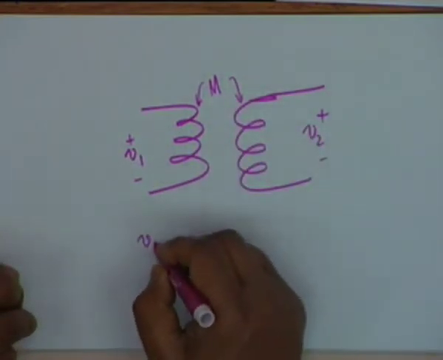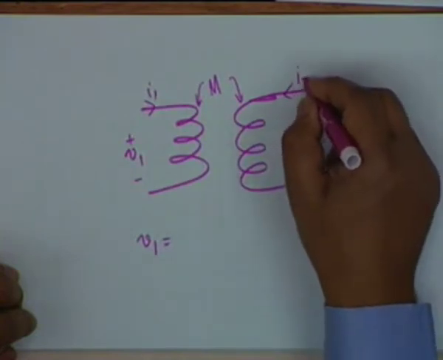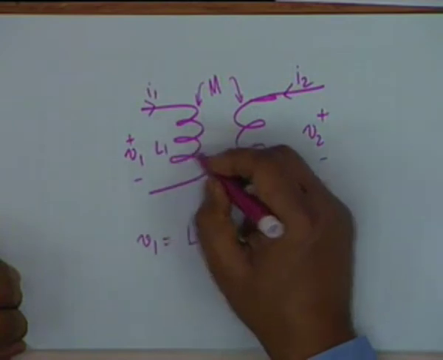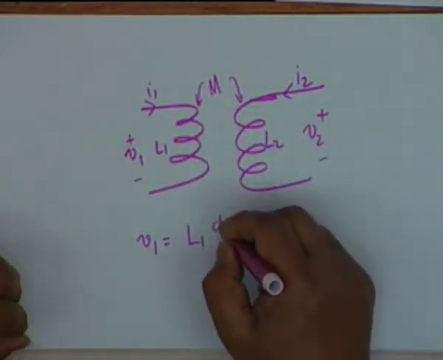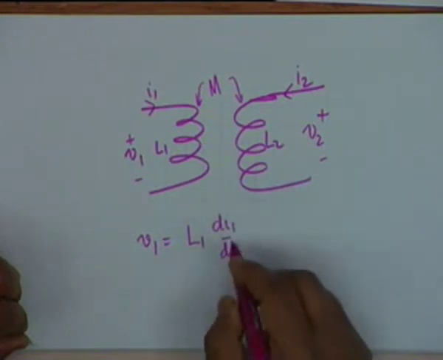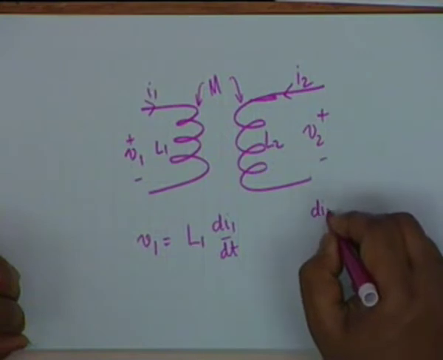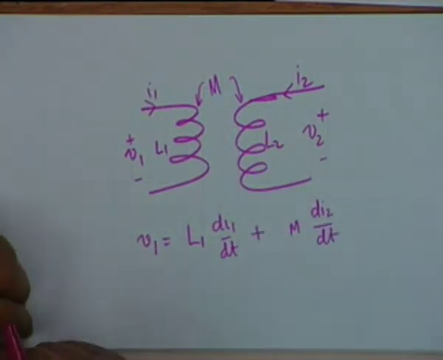For example, if this current is I1 and this current is I2, then V1 shall be L1 di1/dt, letting the self inductances be L1 and L2. This is due to its own current, and the second component shall be due to di2/dt, and the coefficient is capital M, the mutual inductance.